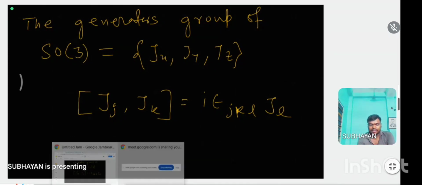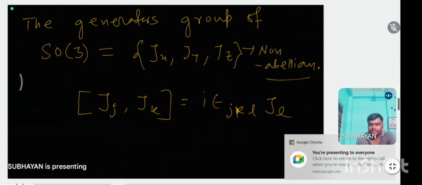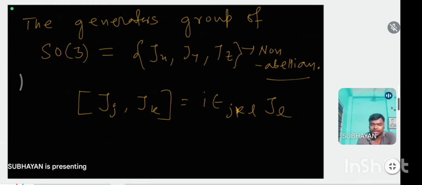So the generators, or the elements of the generator group, follow this commutation relation because they are non-abelian. The elements of an abelian group commute with each other, and the elements of non-abelian groups are non-commuting. These are not commuting elements. So this group is non-abelian.